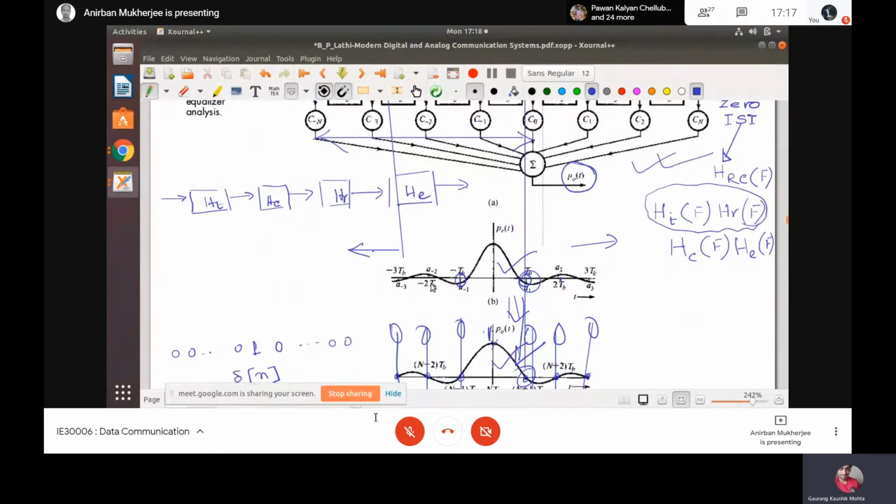Instead of 2n, I am taking minus k to plus k, so earlier I used to take minus n to n, total 2n plus 1. Now I am taking minus 2n to plus 2n, that is 4n plus 1.